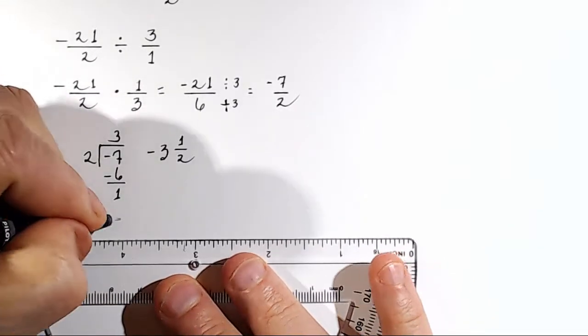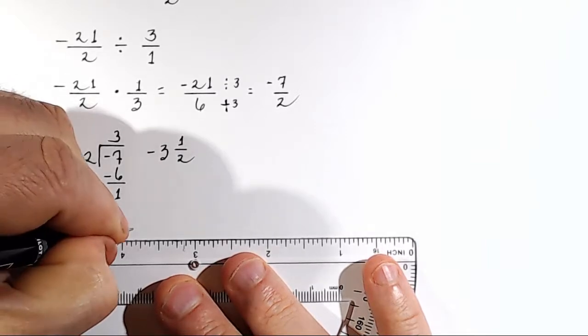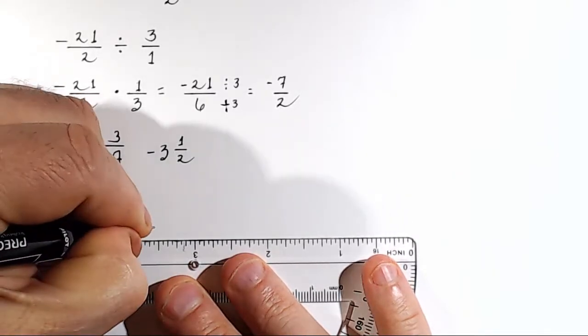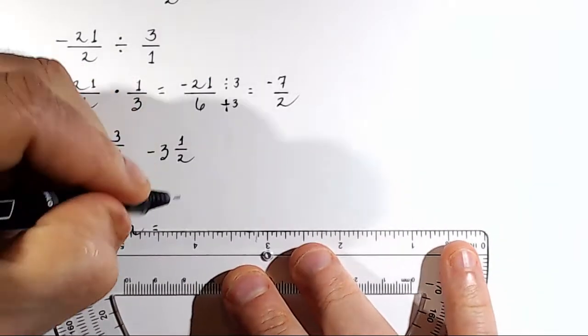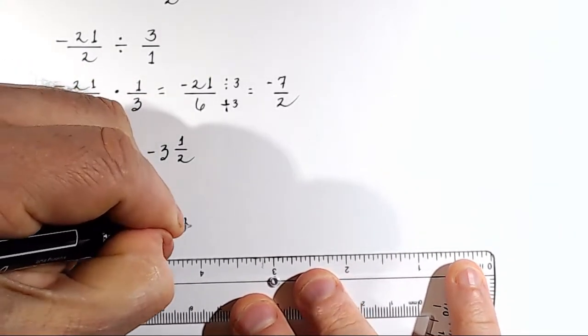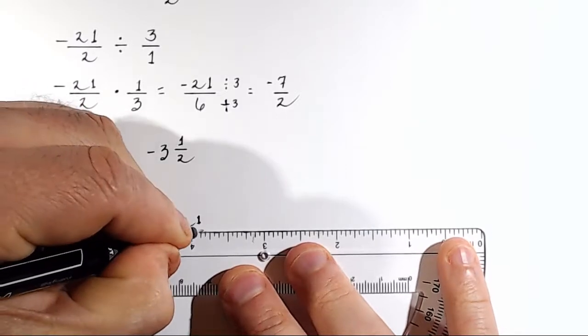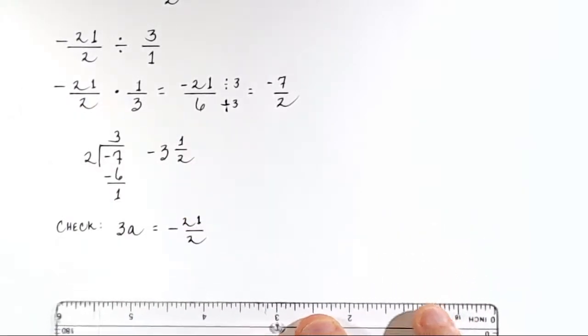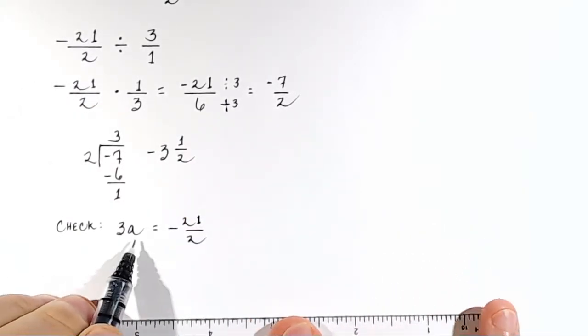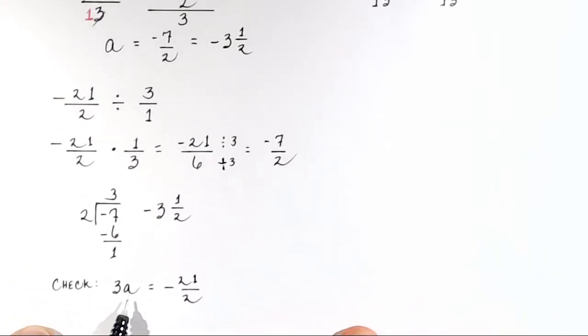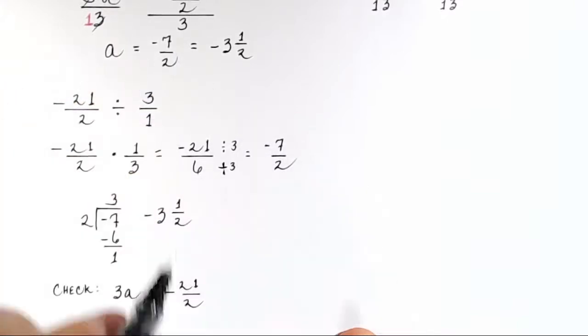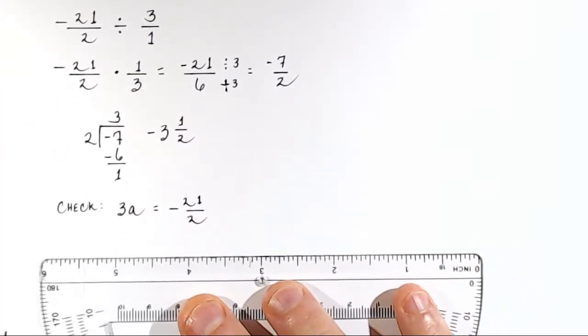On the left side, we have 3 times a is equal to negative 21 over 2. And now we substitute what we found for a. In this case, it might be most useful to substitute negative 7 over 2 for a.